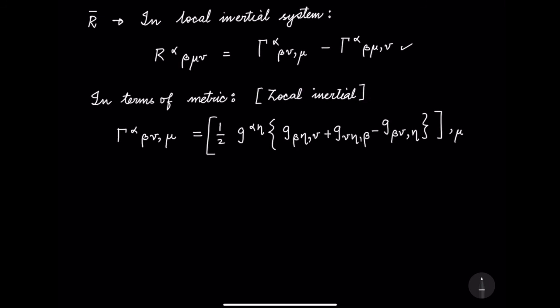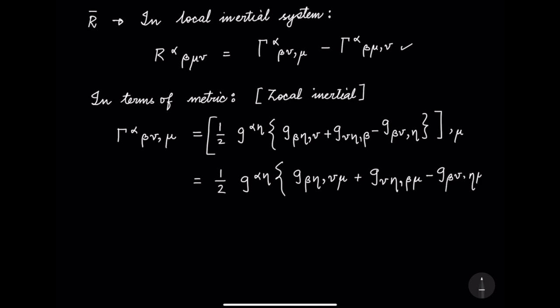Now, because we are dealing with local inertial reference frames, the derivatives of g are 0. So in the Leibniz rule, it splits out this g. There is no derivative with respect to it that I have to consider. So this simply becomes... okay.